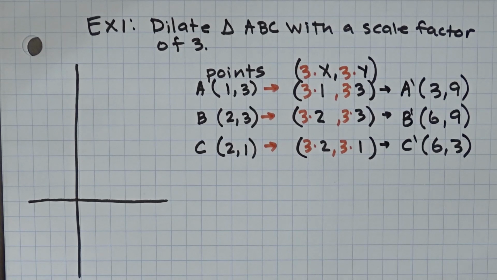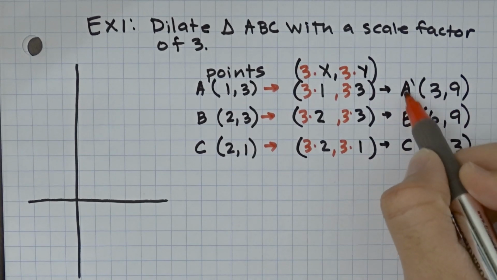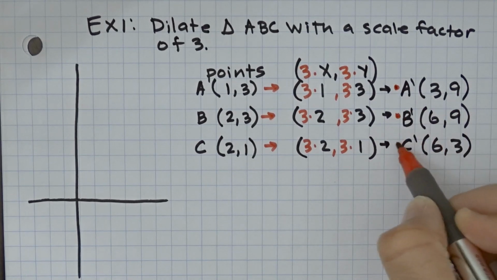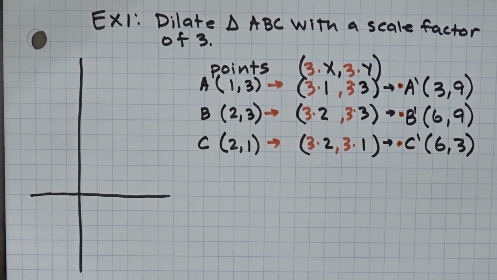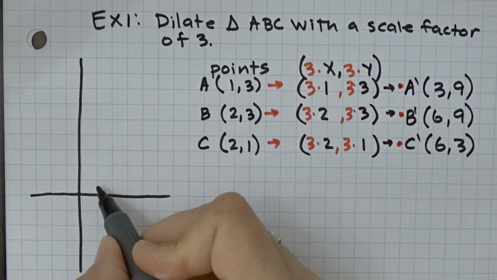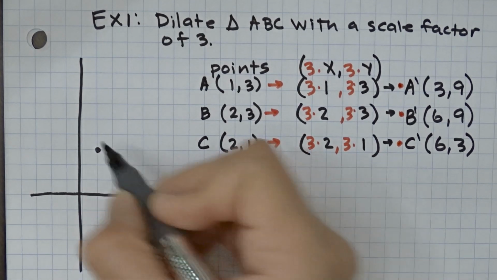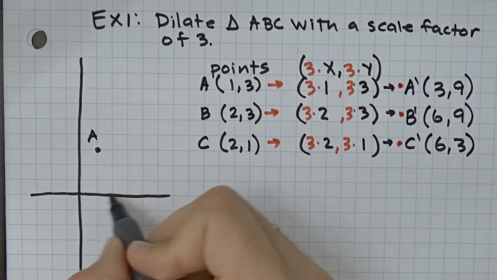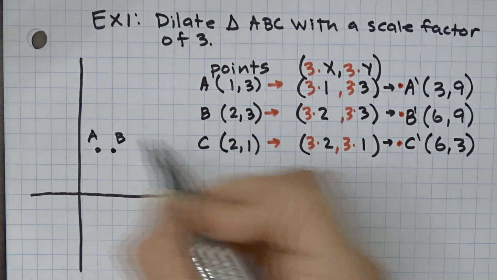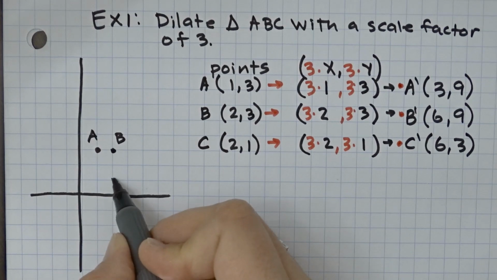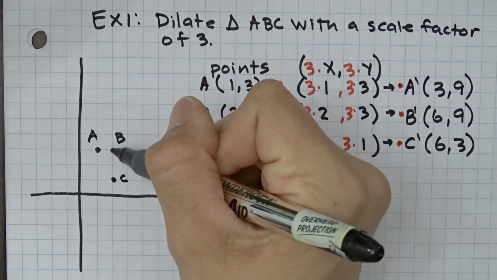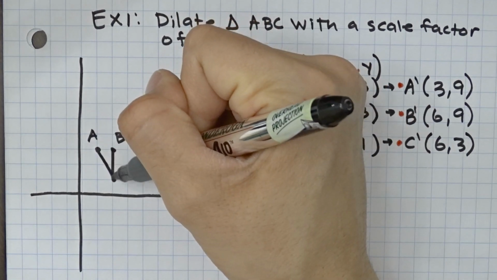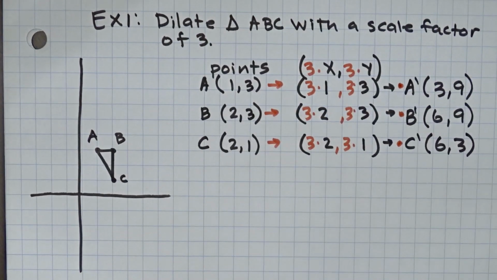but this kind of just allows you to see what you're doing. So let's put the pre-image and the original image down, and I should have done these in red, so these will be in red. All right, so let's see. The original image will be in black. 1, 3. That's point A. 2, 3. That's point B. And 2, 1. That's point C. So this is our original image.